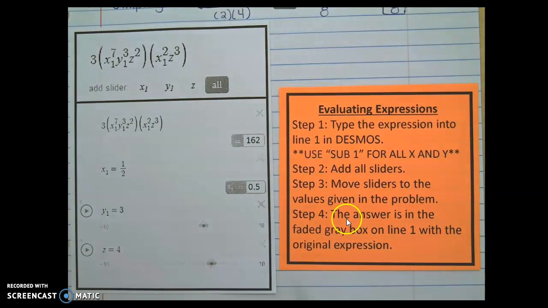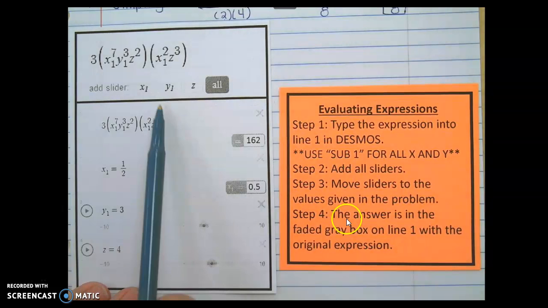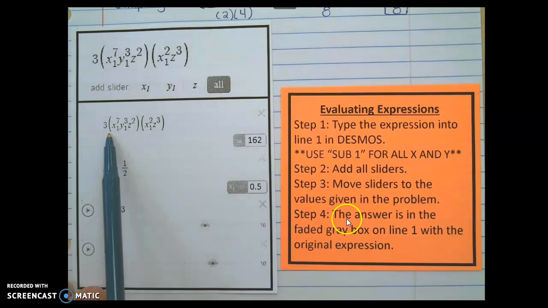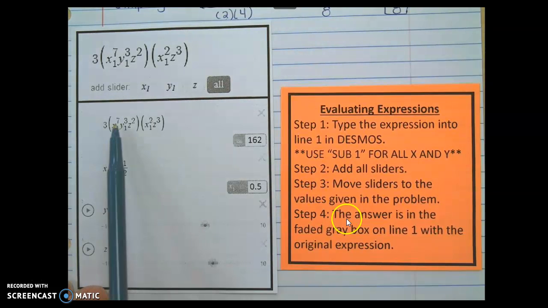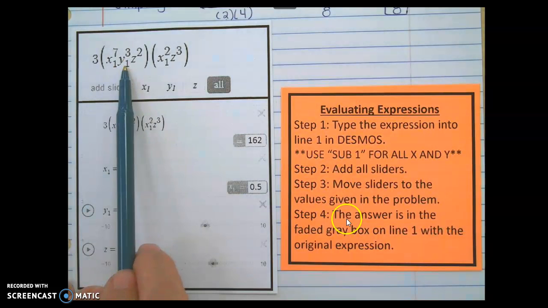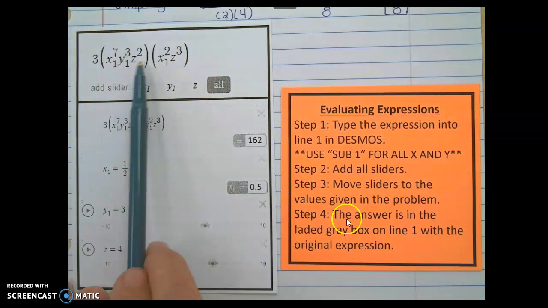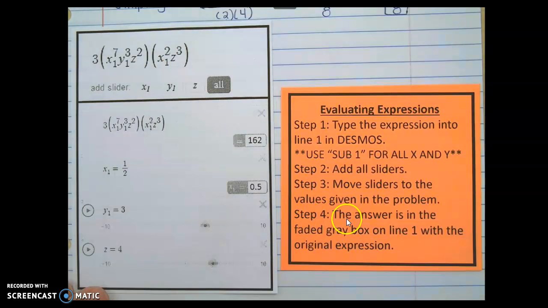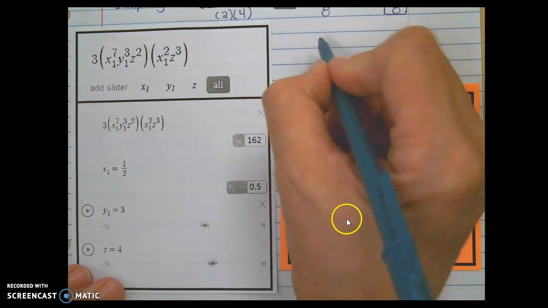So we are going to use Desmos to help us evaluate an expression. So here on the left, we have the expression 3 multiplied with x to the 7th, y cubed, z squared, multiplied with x squared, z cubed. So they have given us the replacement values.